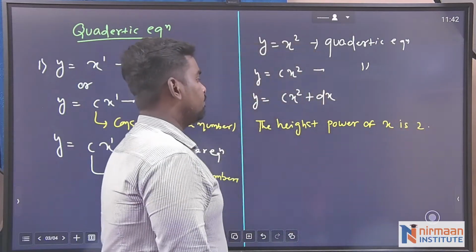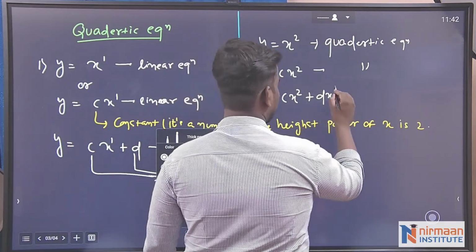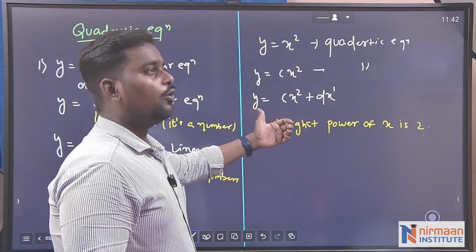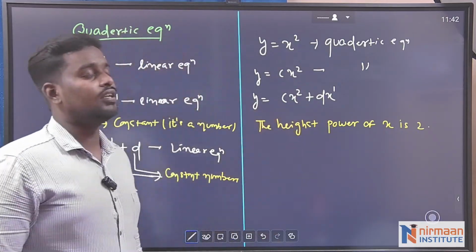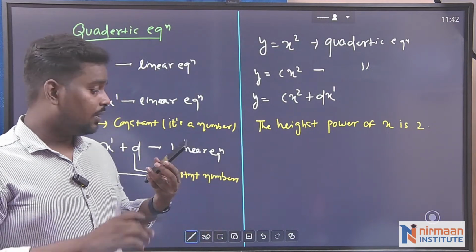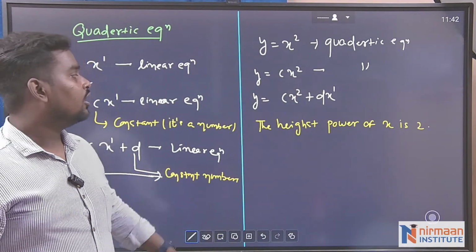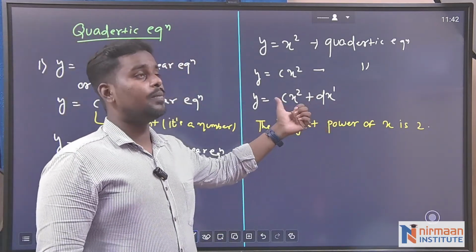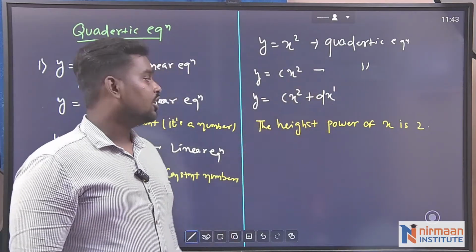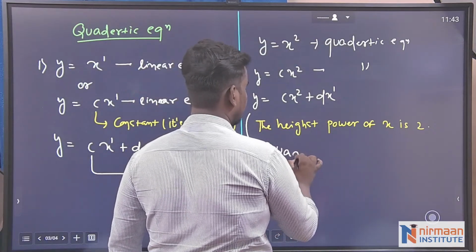Here x power is 1, but the highest power of x is 2. So the type of equation depends on the highest power of the unknown term. Which variable here? x. And its highest power is x square. So it's a quadratic equation.